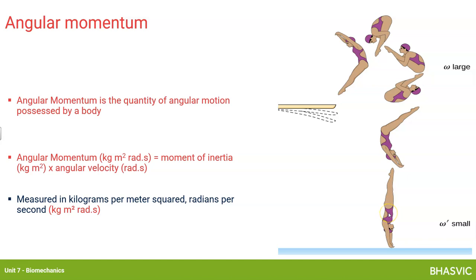They're not rotating anymore because of their body position. So hopefully even from this you can see a connection between moment of inertia, which is basically how distributed your body mass is. Is it tight to the axis point, or is it spread out away from the axis point? That affects your angular velocity, how quickly you'll spin.